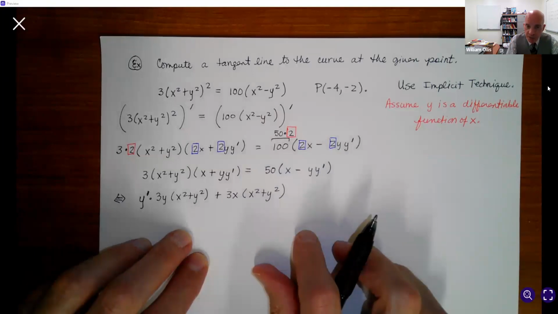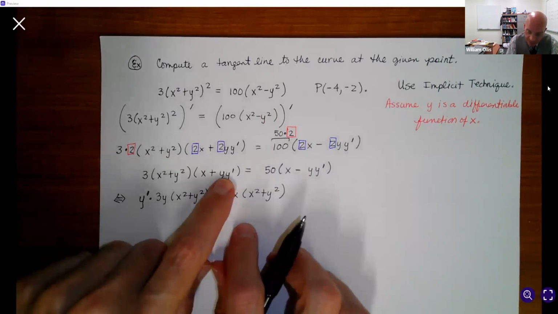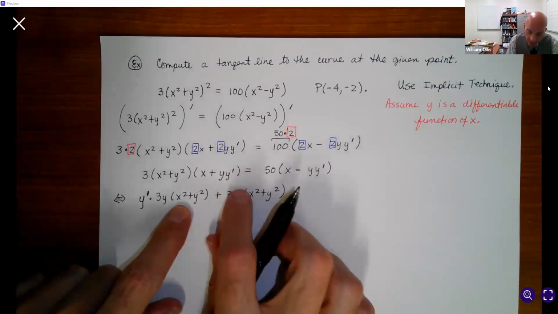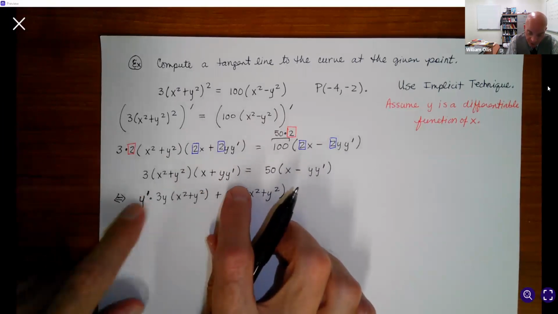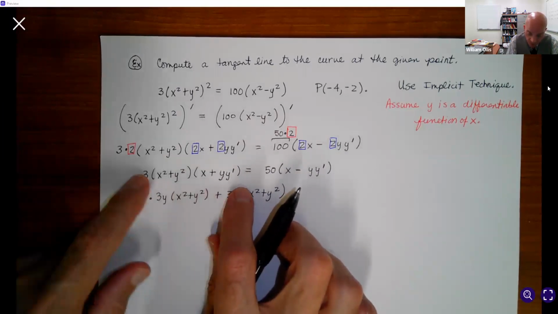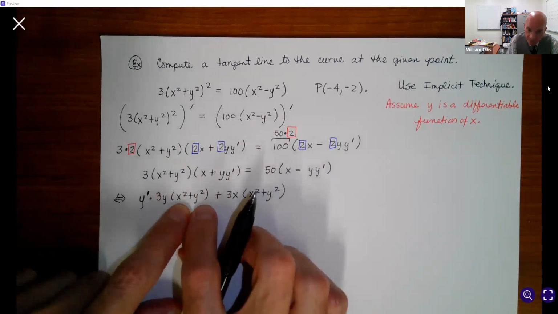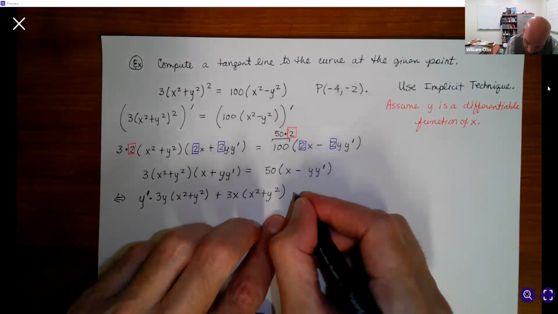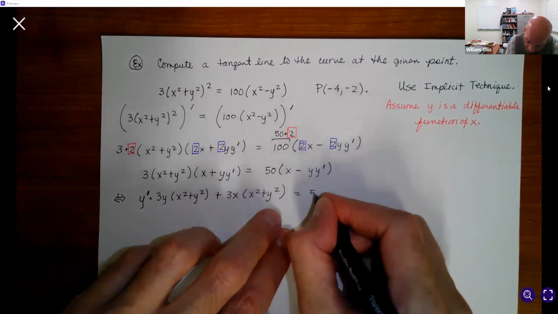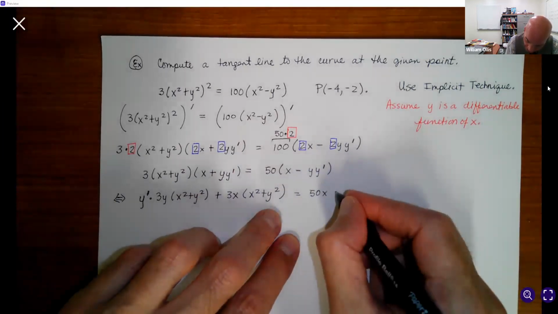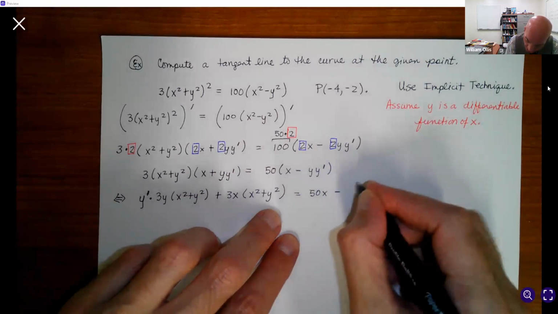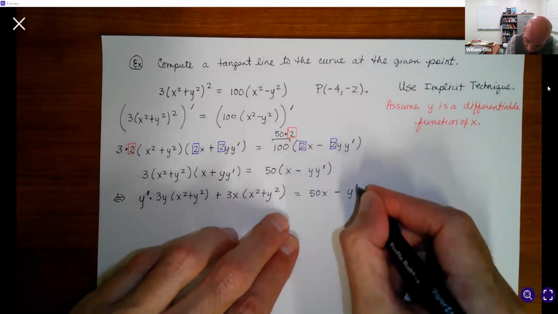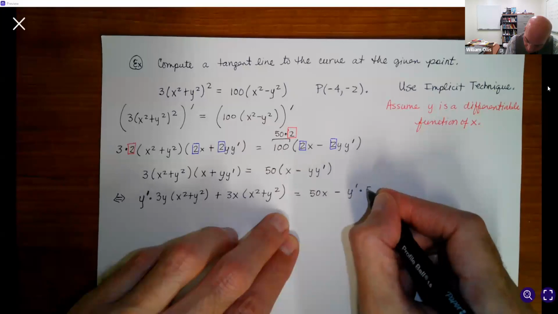Again, the algebra is how you want to make it, but we need to isolate the y primes. So again, multiply in a way so that you kind of highlight the y prime and then don't forget any of the factors. Just neatly write them out. And then over here, this is a little easier. We have a 50x and we have, if you will, minus, we'll just do the y prime out front times the 50y.